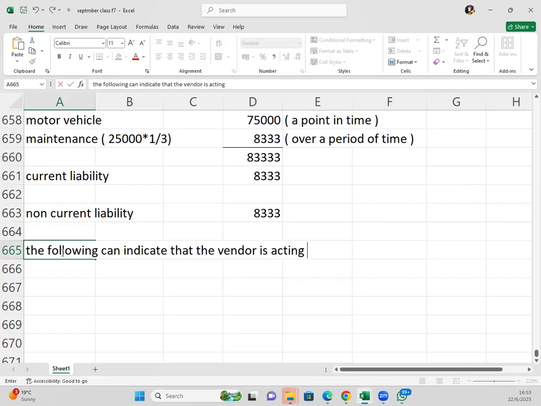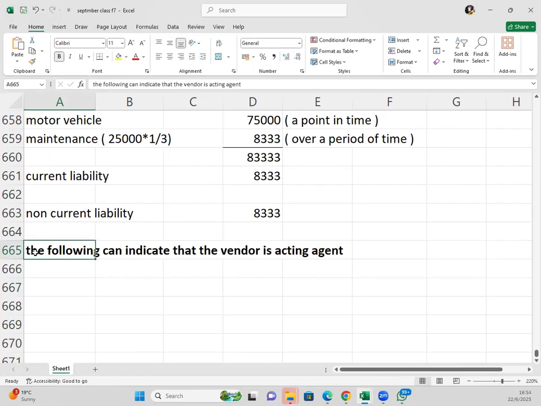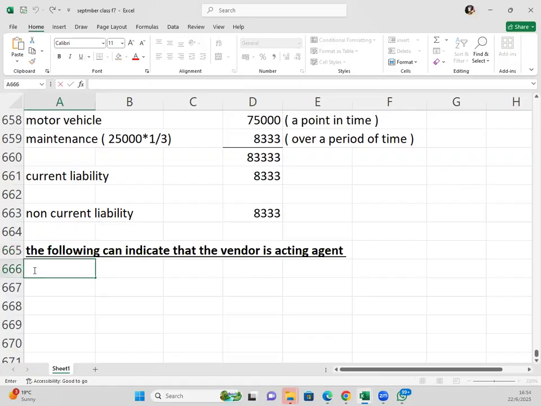Sometimes you will not be told that this one is an agent, but the following conditions can give you a hint. What can indicate that this one is acting as an agent? If the obligations to fulfill the contract lie with another person. So it's another person who is supposed to fulfill the demands of the contract.